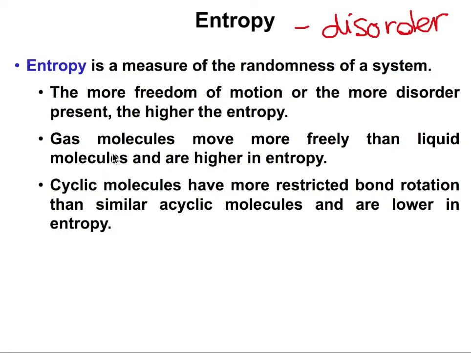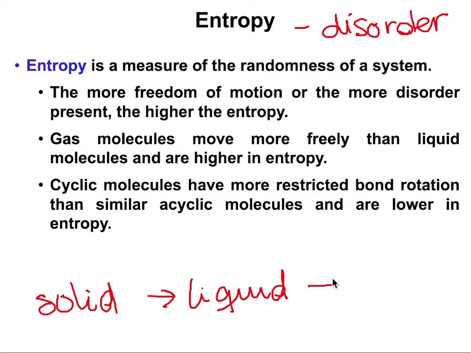So the system will always tend to be disorganized, right? So if a molecule is in a solid state, it will be more organized than if it's in the liquid, and than if it's in the gas. The gas is the most disorganized, so the entropy will be the largest.